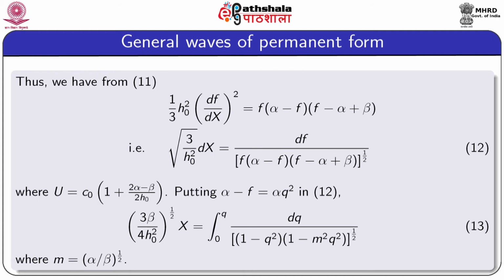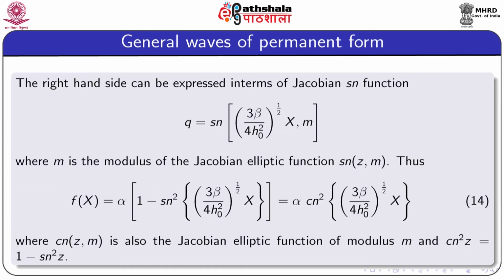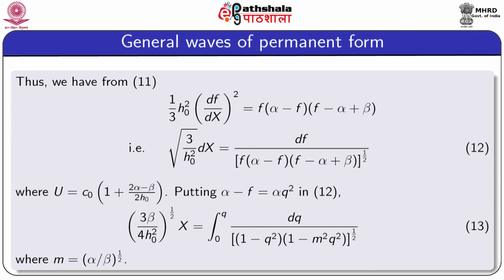And this is the famous elliptic integral. Its solution can be written in terms of the Jacobian sine function. So, q equals Sn of 3 beta by 4 h0 square to the power half into x, m, where m denotes the modulus of the Jacobian elliptic function Sn z, m. Therefore, the value of f, from this equation, is f equals alpha into 1 minus q square.